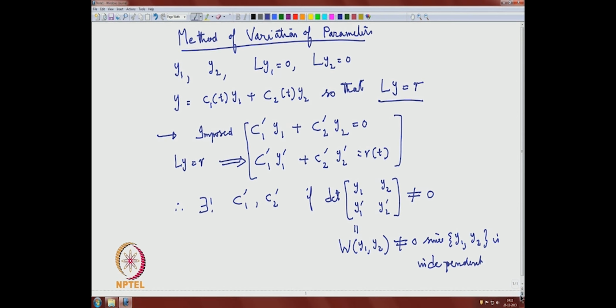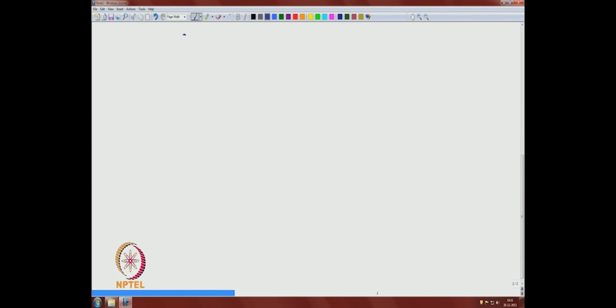So, you will get C 1 prime is equal to R y 2 by W y 1 y 2, and C 2 prime is equal to R y 1 by W. I think the computation is correct, but you can compute it and check for any errors.